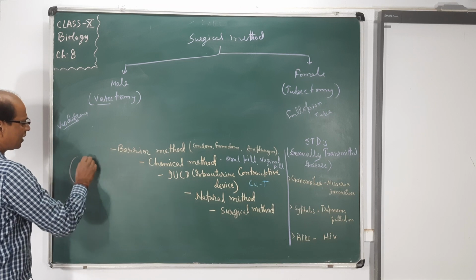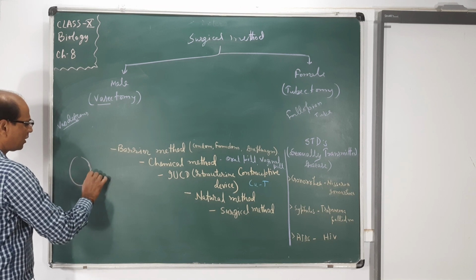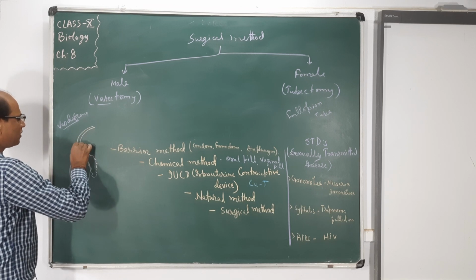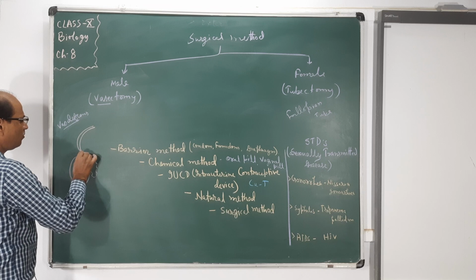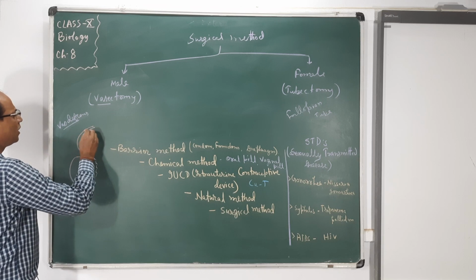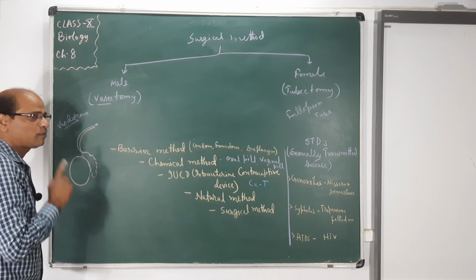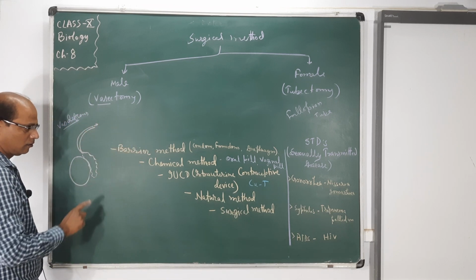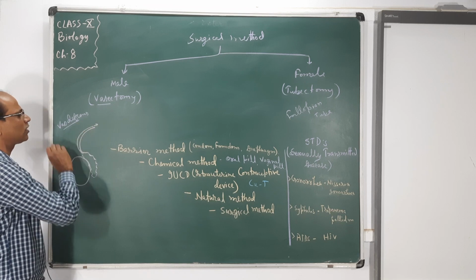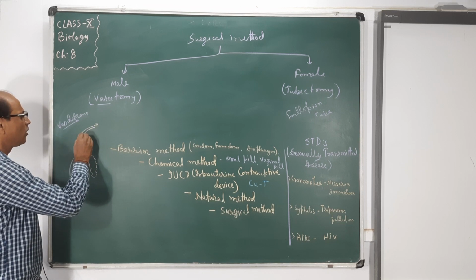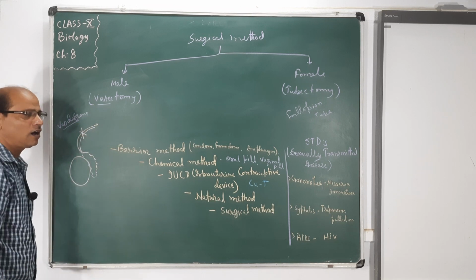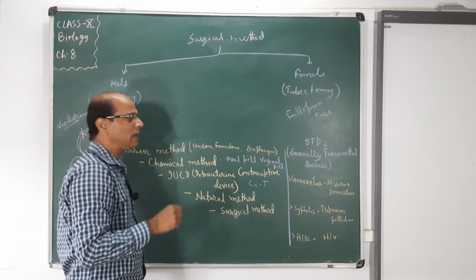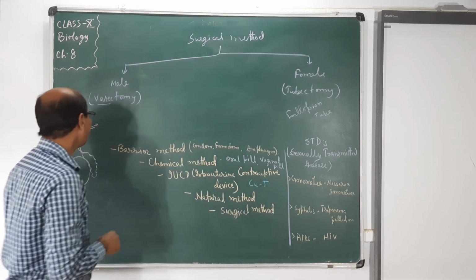So see, in vasectomy what happens? Here is the testis, and after that the epididymis, and then the vas deferens comes out from them. This vas deferens is for supplying the sperm for fusion. If this pipe, the vas deferens, is detached from the testis, what happens?